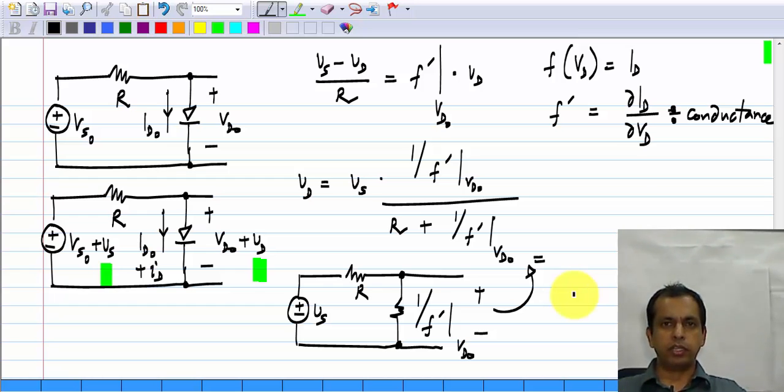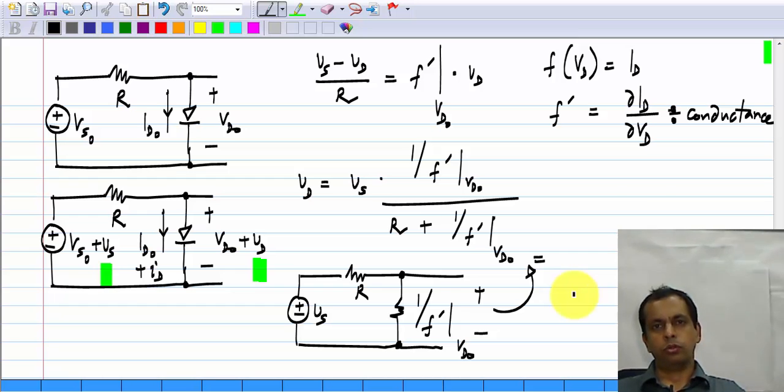Now, it turns out that in every circuit the nonlinear element can be replaced by some linear equivalent. Now, this is not very surprising. We replace the nonlinear characteristics by a straight line around the operating point. So, the nonlinear element can itself be replaced by a linear element, and this is easier.